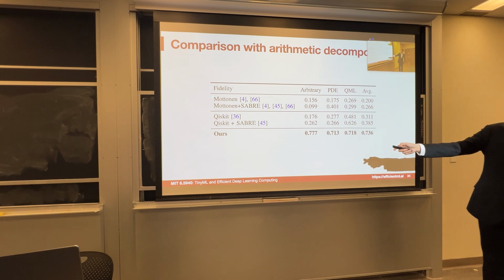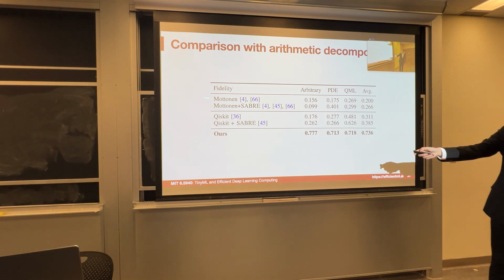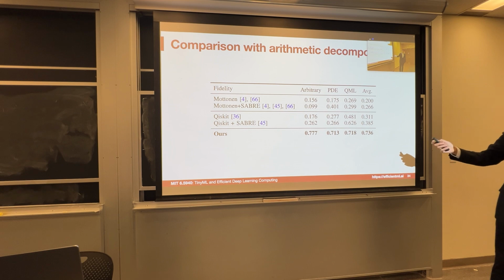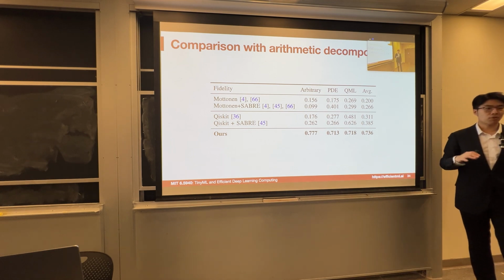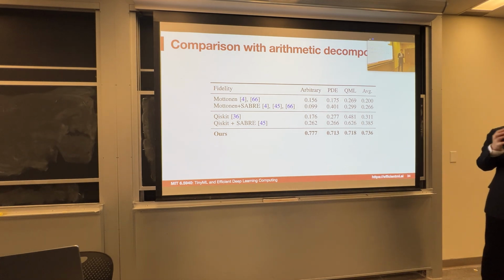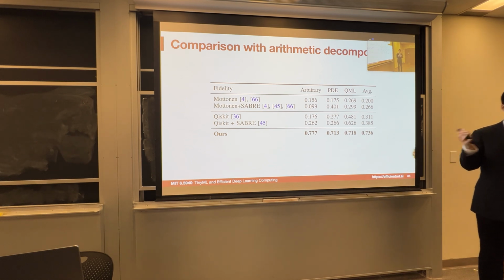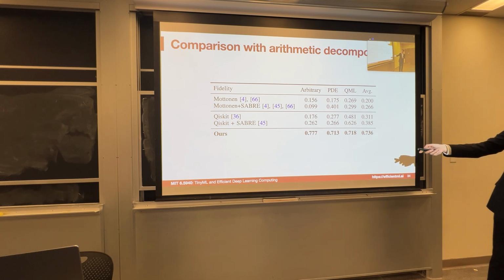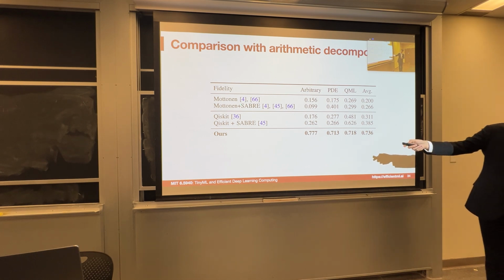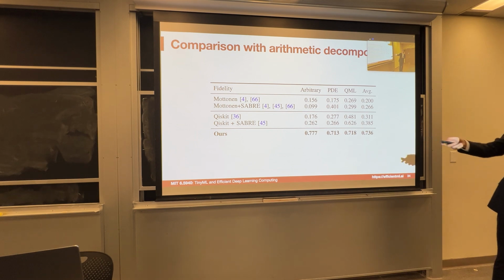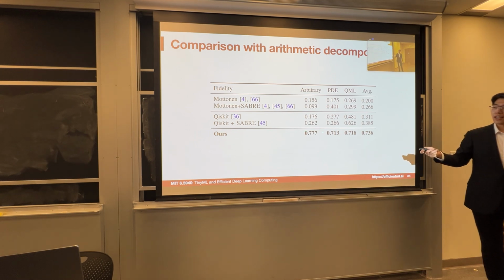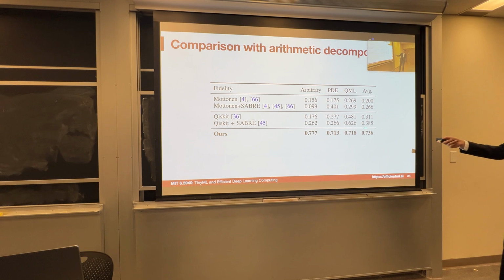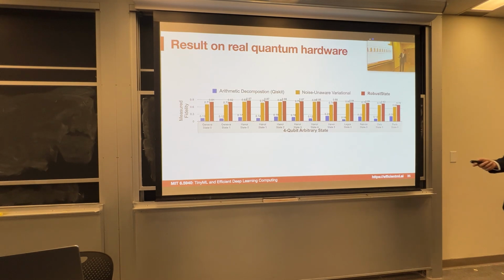So we can compare this arithmetic decomposition in Qiskit or using the Mottonen decomposition. Those are not using any parameterized gates, and they directly decompose the mathematical equation of the state into a series of gates. So we can compare our result on the actual device with the Mottonen decomposition or Qiskit, and we can see that the fidelity of the gradient proxy is actually higher than the Mottonen or Qiskit results.